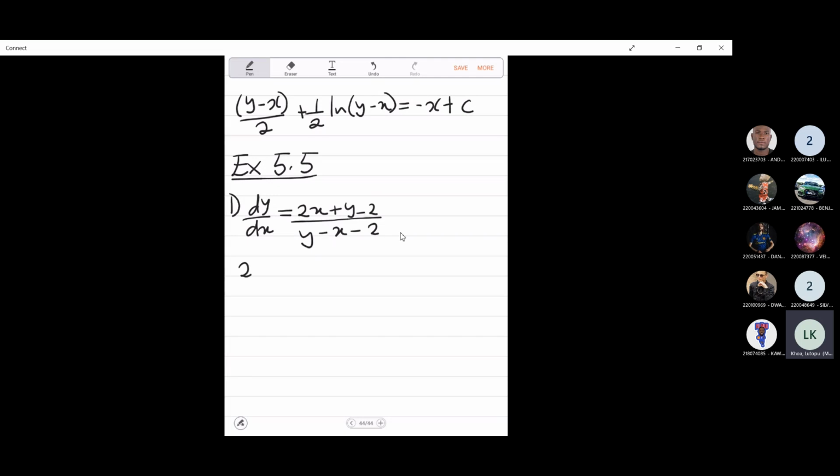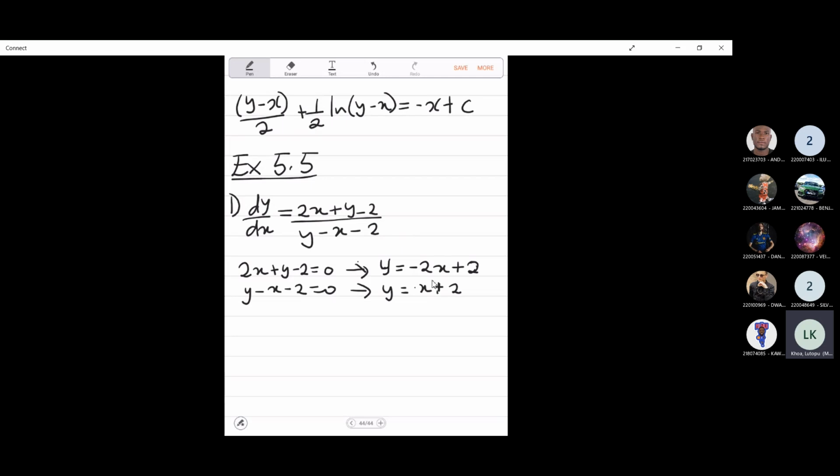So I have 2x plus y minus 2 is 0. y minus x minus 2 is 0. Then if I write this in standard form, I have y is equal to minus 2x plus 2. And here y is equal to x plus 2.